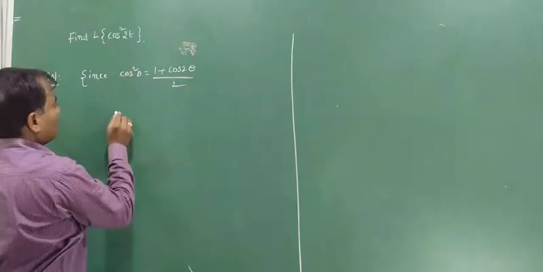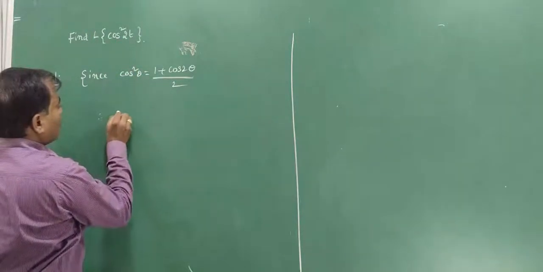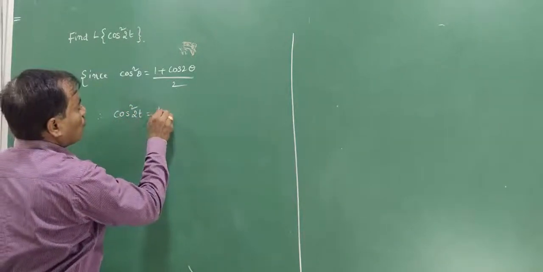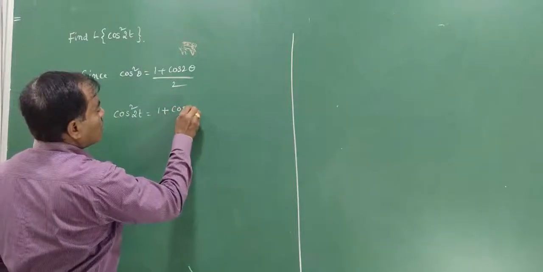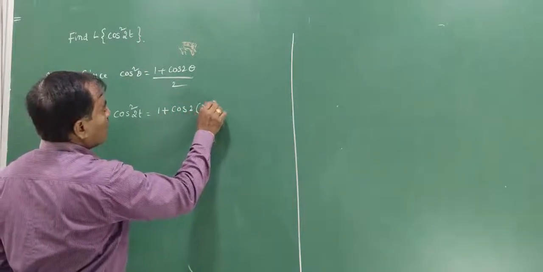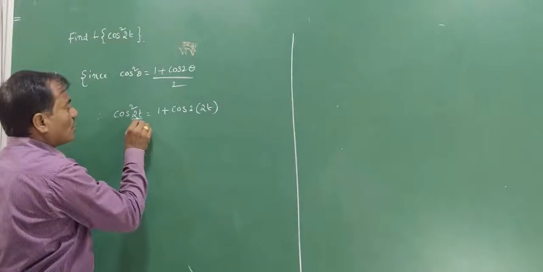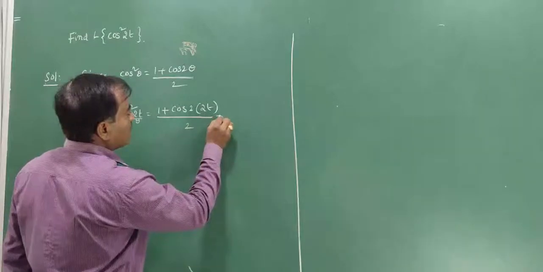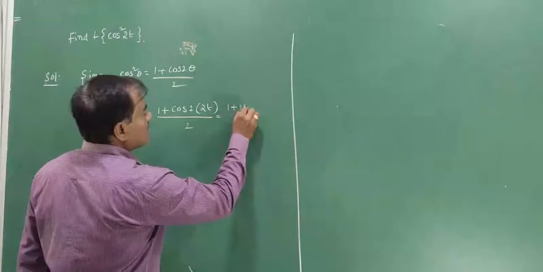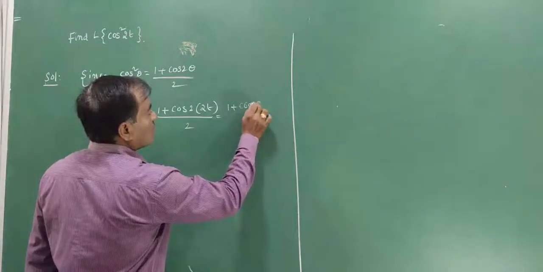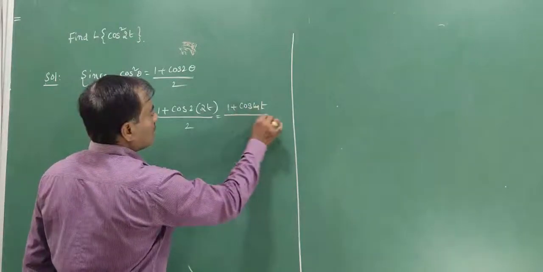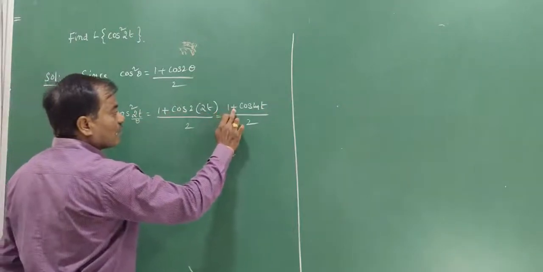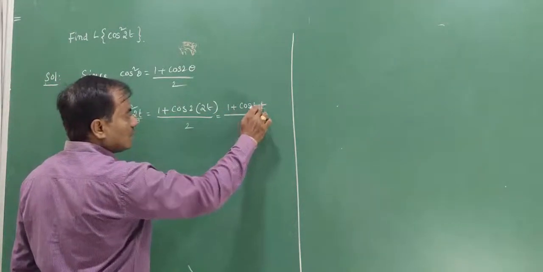Coming to this problem, cos square 2t equals 1 plus cos 2 of 2t, because here theta equals 2t, all divided by 2. This equals 1 plus cos 4t by 2. So cos square 2t equals 1 plus cos 4t by 2.